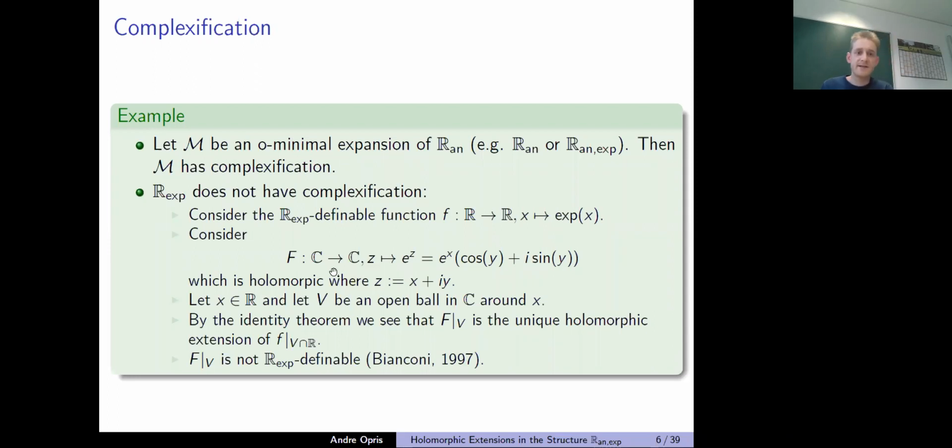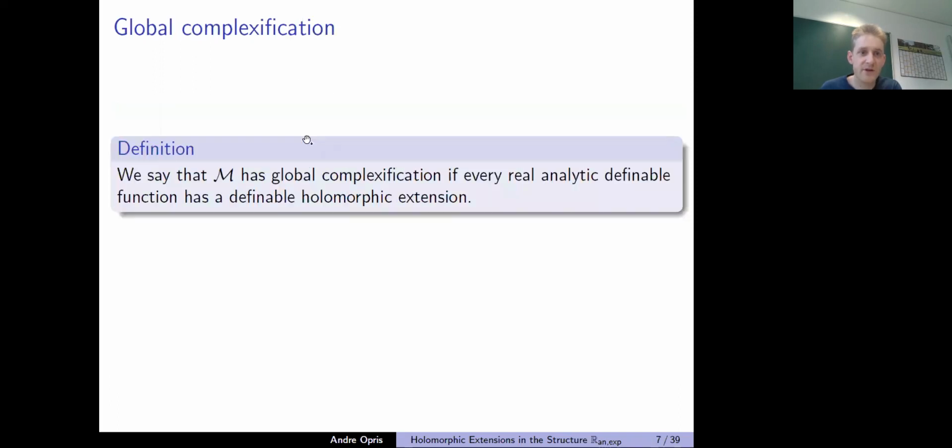Okay, so let's go a step further and strengthen the methods of complexification and introduce the notion of global complexification. We say that an o-minimal structure M has global complexification if every real analytic definable function has a definable holomorphic extension.